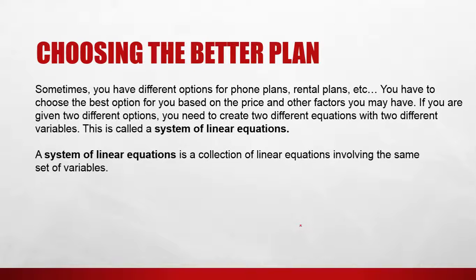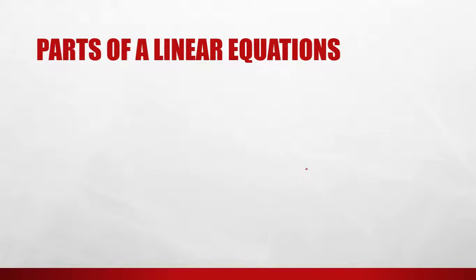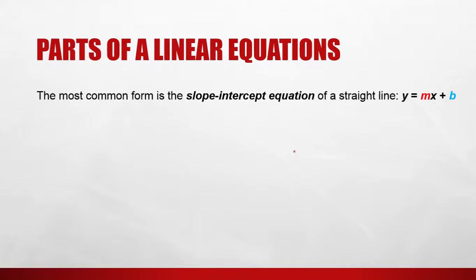A system of linear equations is a collection of linear equations involving the same set of variables. We're going to use x and y in our examples just because when you learned it in Algebra 1, we mostly used x and y. Alright, so parts of a linear equation. The most common form of a linear equation is the slope-intercept form, and that is y equals mx plus b.